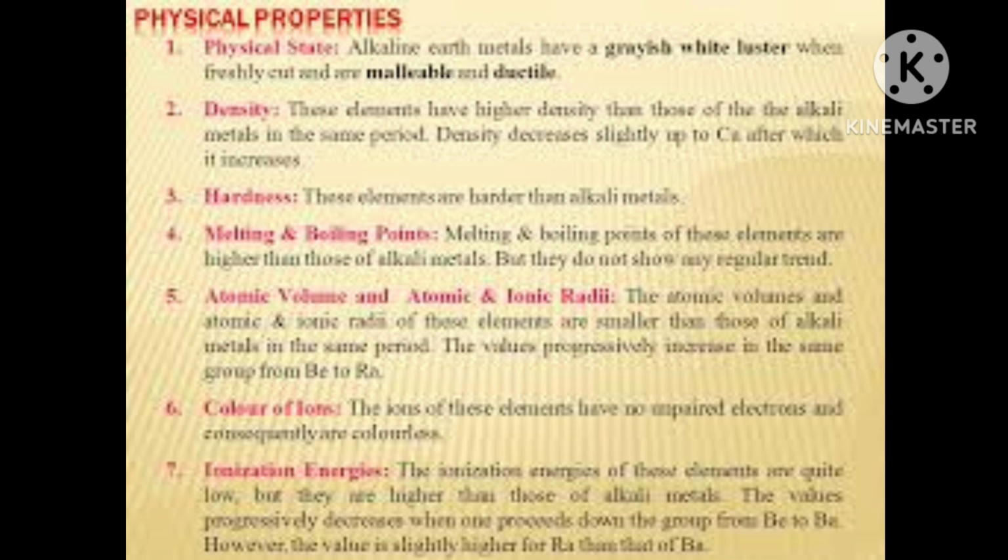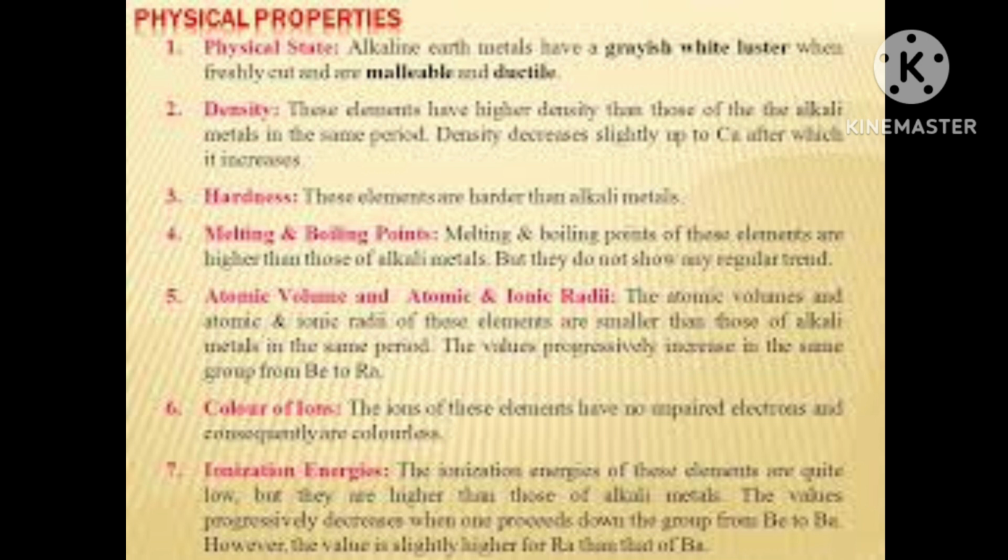Now it is interesting to note this important thing. The second ionization enthalpy of the alkaline earth metals is smaller than those of the corresponding alkali metals.